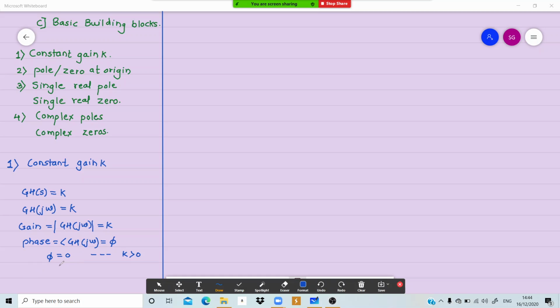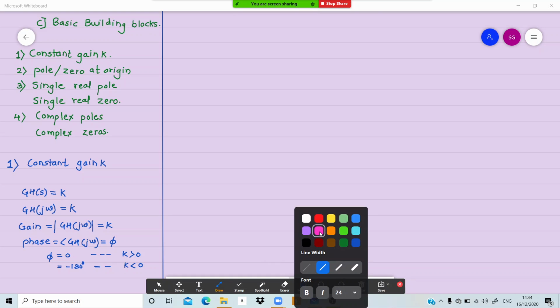On the same line, if K is less than 0, negative, then this angle will be minus 180 because it will be on the negative real axis, and that's why you will find it is minus 180. Now if I want to draw it on the W plane, how will it look?